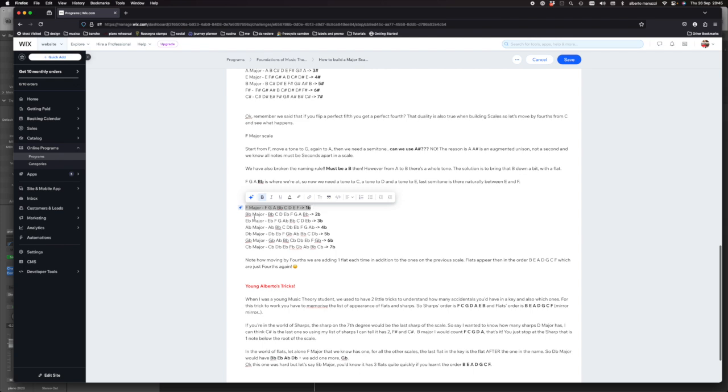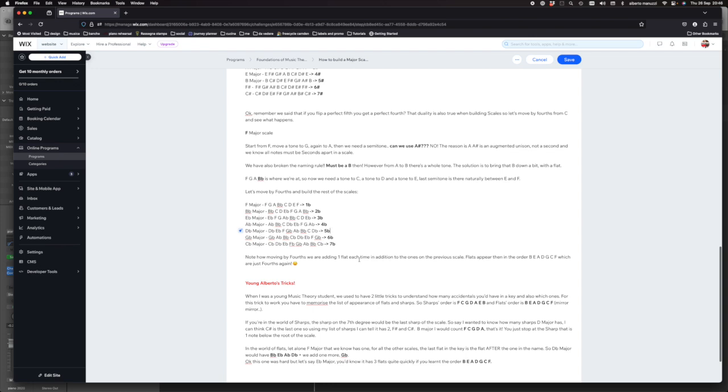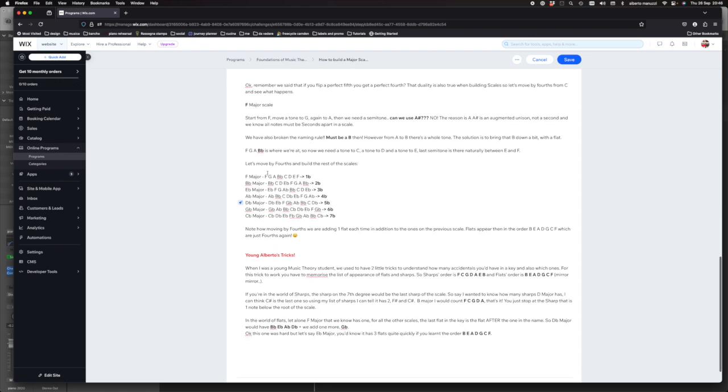F major is 1 flat, a perfect fourth up, B flat major, 2 flats, a perfect fourth from B flat is E flat, 3 flats, E flat to A flat, another perfect fourth, 4 flats, D flat major 5 flats, G flat major 6 flats, C flat major has 7 flats. Okay, so by moving by perfect fourths we get into the flats realm, and we add one at a time.